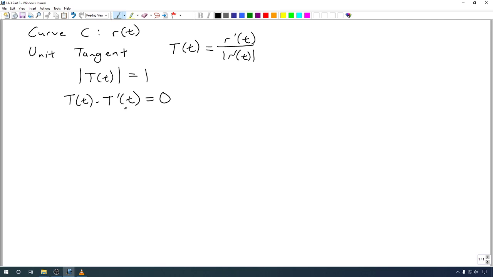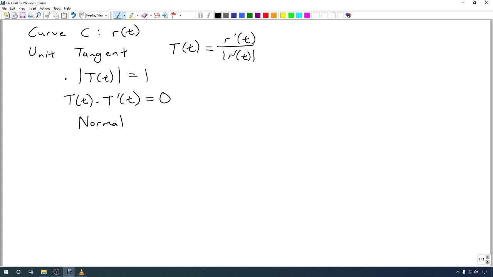We call a vector that is perpendicular to a curve, or even to a surface, a normal vector. So we're going to talk about a normal vector to our curve. Now, there is a slight issue here. T prime of t may not be a unit vector.